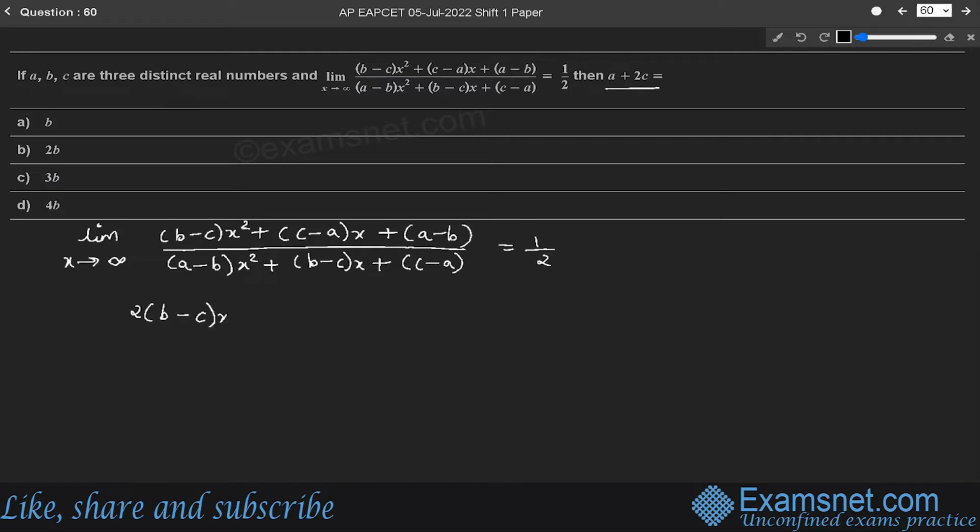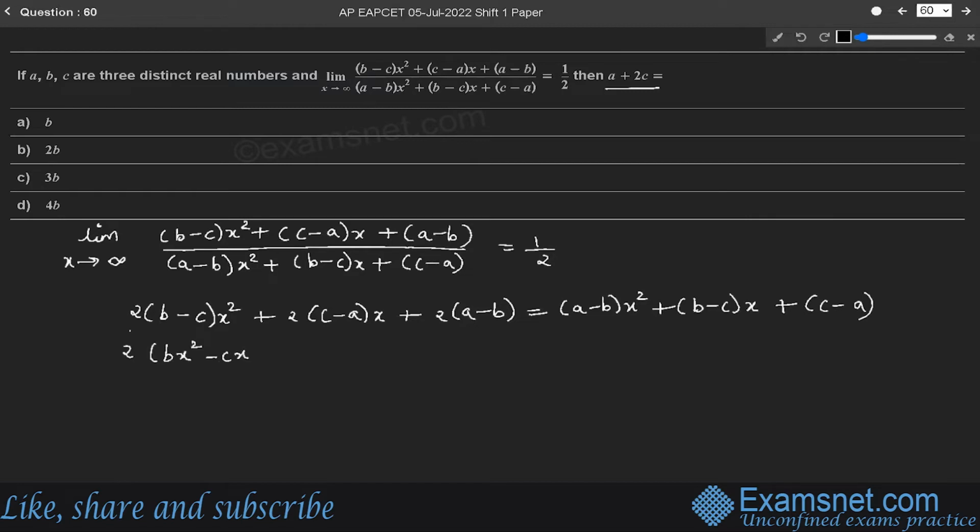By cross multiplying, it becomes 2 into (b minus c) x square plus 2 into (c minus a) x plus 2 into (a minus b) is equal to (a minus b) x square plus (b minus c) x plus (c minus a). On further multiplying, it will be 2 into bx square minus cx square plus cx minus ax plus a minus b is equal to ax square minus bx square plus bx minus cx plus c minus a.